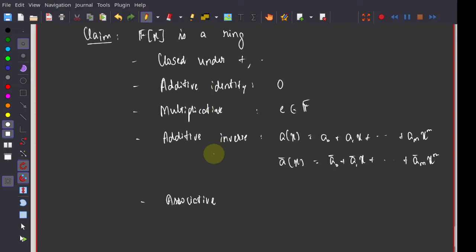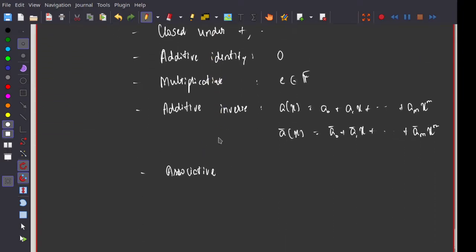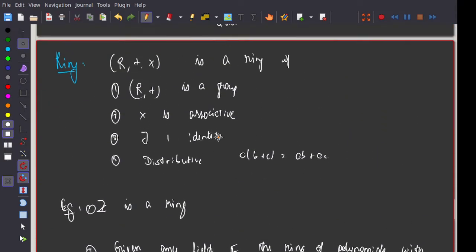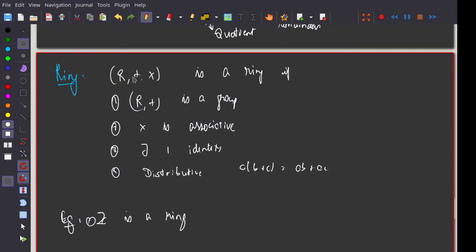Closure under multiplication. Well, you have to be sure that the product of whatever two objects also lies within the set, right? Correct. Here I have not explicitly spelled it out, but both addition and multiplication, whatever these two operators are, they should be closed.